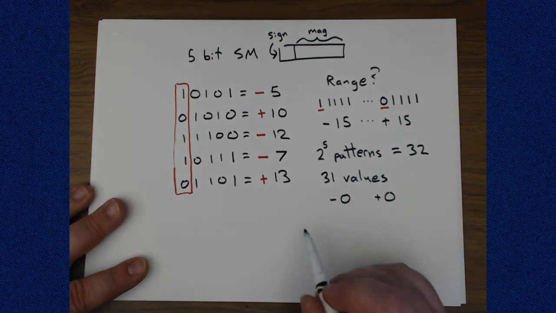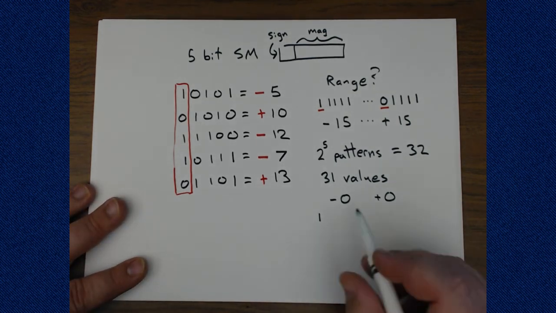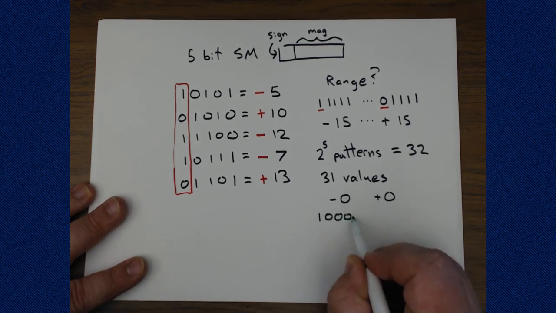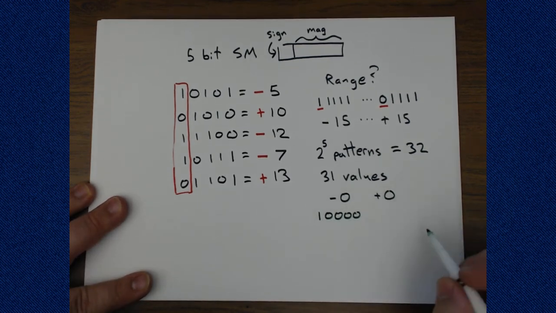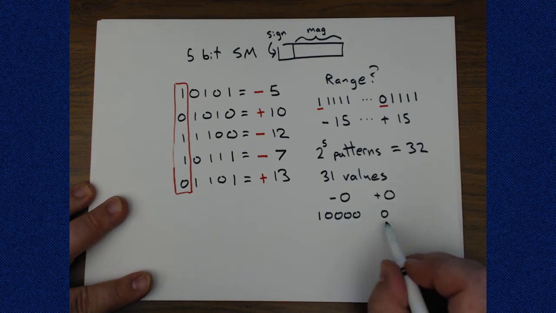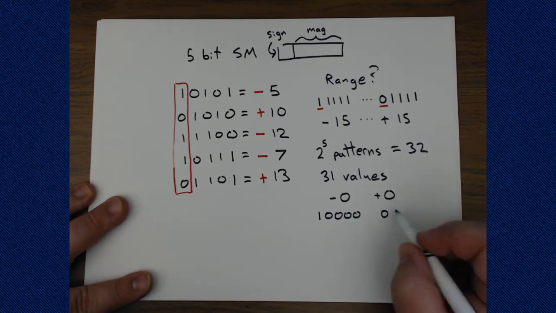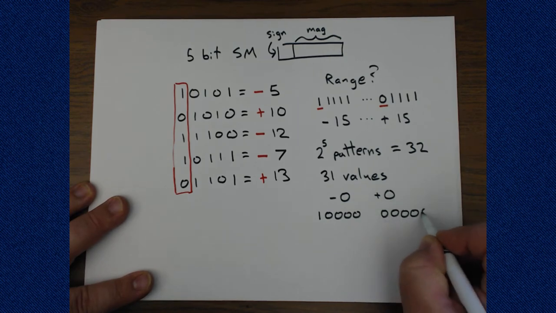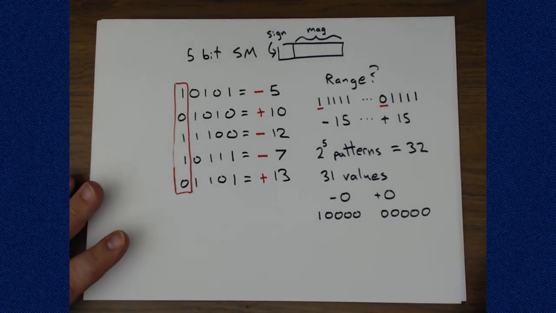And the way they look is, for negative 0, we'd have a 1 in the sign bit to indicate negative, and then all zeros for the magnitude. For positive 0, we'd have a 0 in the sign bit to indicate positive, and then a magnitude in the remaining bits of 0.